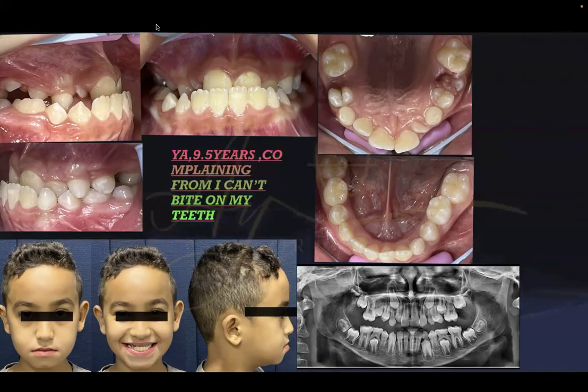Excellent, Rahim. So what is natural head position? Natural head position is the relaxed head position of the patient when the patient is in complete occlusion with the perfect bite.